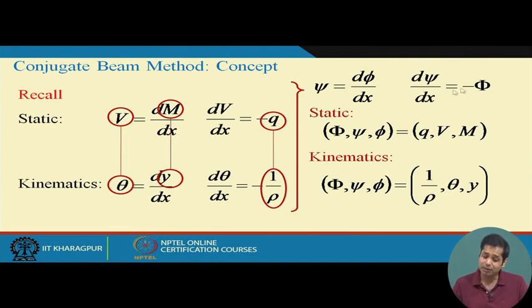So this general equation gives you the static or kinematic equation depending on what psi, phi and capital Phi are chosen.